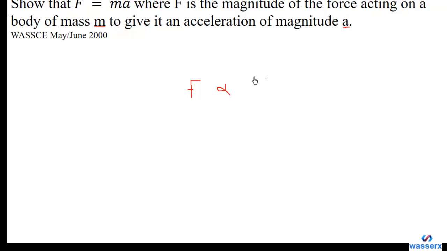The change in momentum is given by the mass times the final velocity v minus the mass times the initial velocity u. So that is the change in momentum with respect to time, over time.